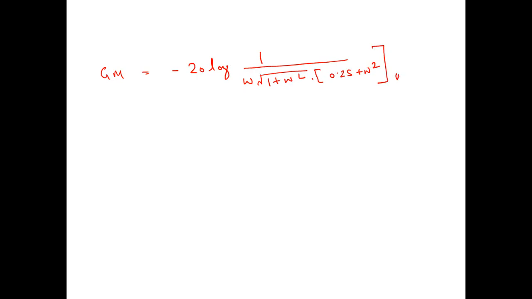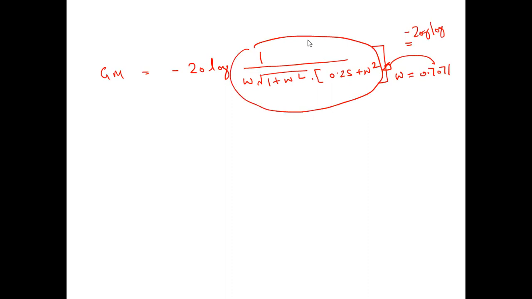The phase crossover frequency you calculated as 0.7071. Put this value of omega here, and this entire value will get reduced to 1.33.